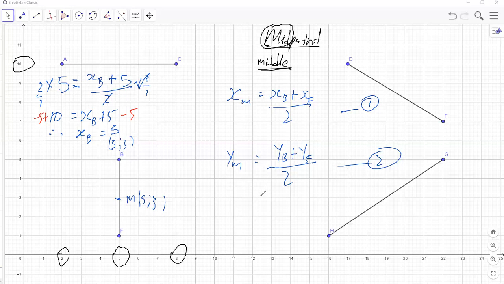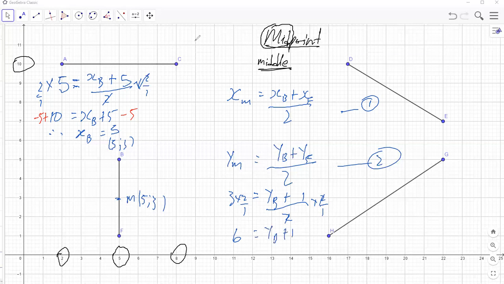And you do the same thing here, guys. The y coordinate for M is a 3, and the y coordinate for B is what we are looking for. We have the y coordinate for F, which is 1, and this has got to be divided by 2. I need to get rid of the 2. Remember, from the topic of making a variable subject of the formula, as I'm sure you did that, literal equations. Then this is 6, which is yB plus 1.